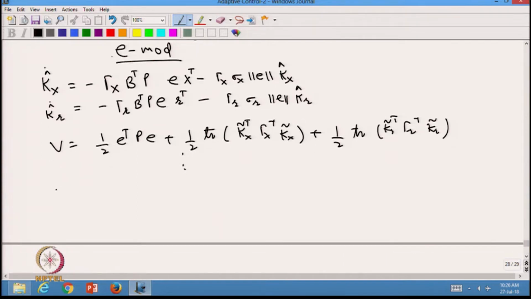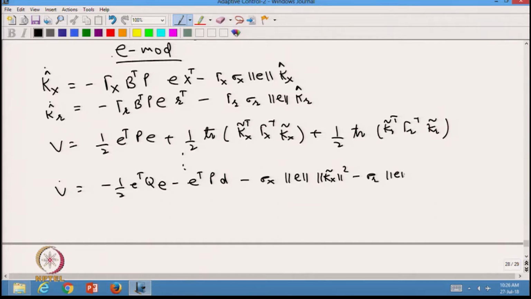We take the time derivative, and we end up with this expression: minus sigma r norm of E k r tilde square plus sigma x norm of E. By the way, these norms are all Frobenius norms.